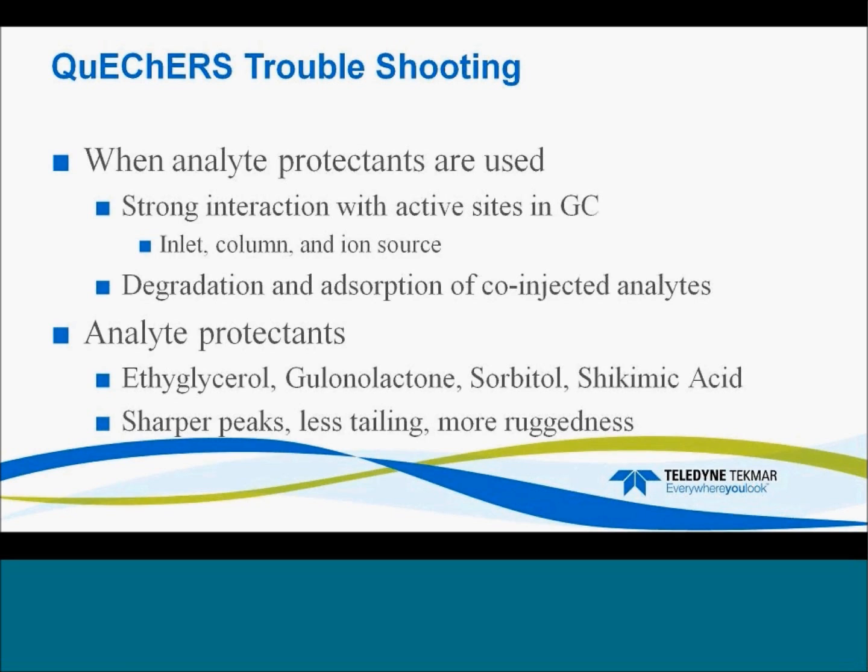You'll start seeing tailing of peaks, making it not easy to quantitate. So we will add in analyte protectants, which will give us sharper peaks, less tailing, and it will make our GCs more rugged, so we can get away with more injections before changing out consumables.